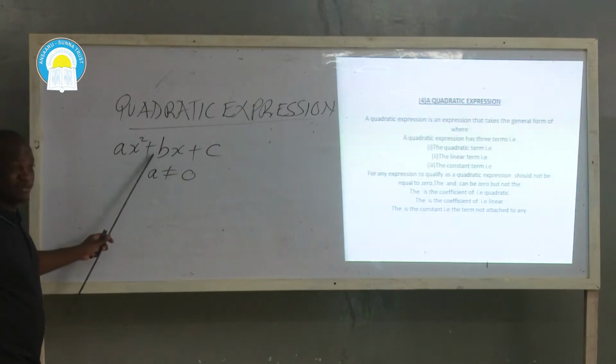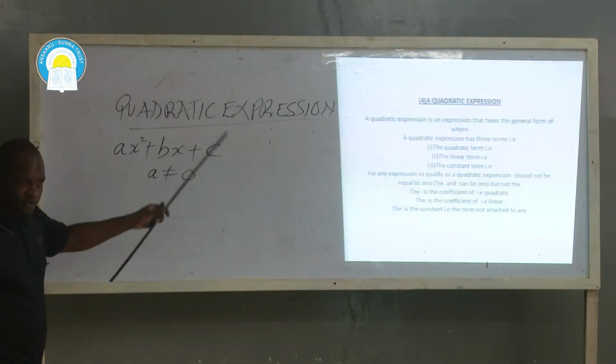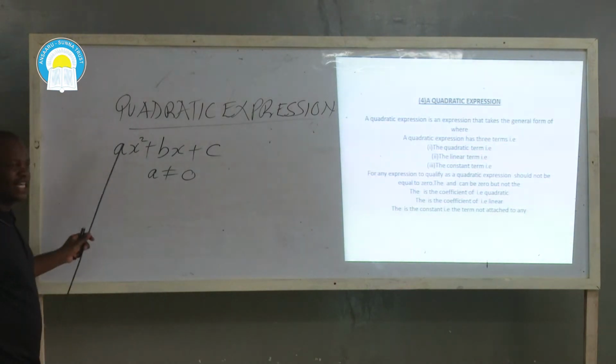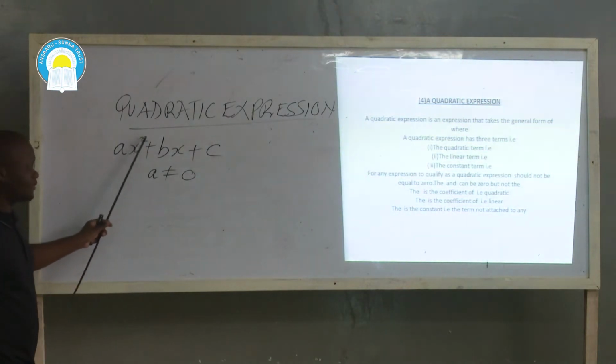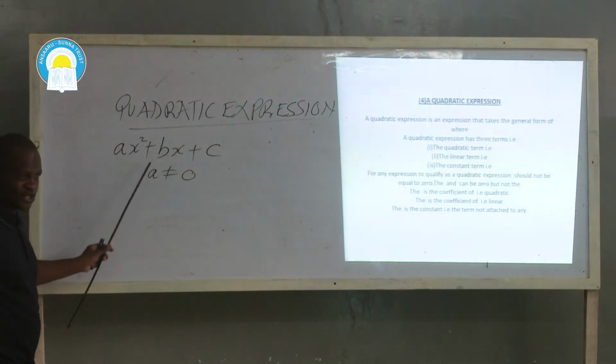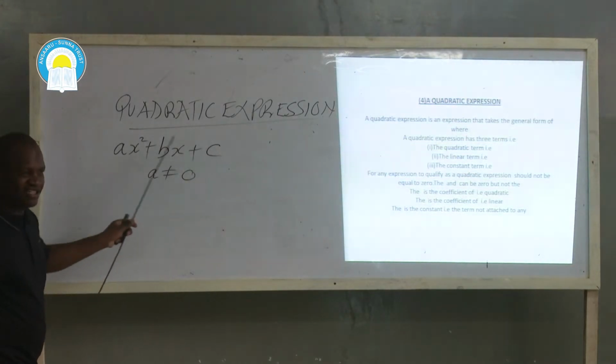So a must be a positive or a negative non-zero value. But b can be 0, a positive number, or a negative number. c can be 0, a positive number or a negative number. Now, a is simply the coefficient of x squared, b is the coefficient of x, and c is what we call a constant term.